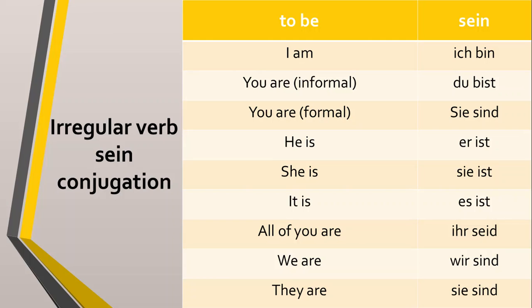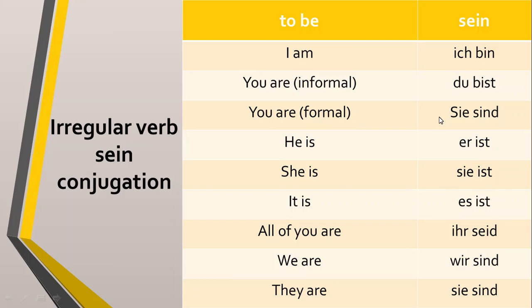It is called irregular only because of its conjugation, as you can see from this table. It is "sein", but it has different conjugations for the different personal pronouns.